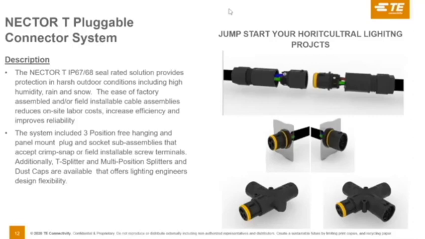And using these type of products, as I mentioned before, it can be manufactured in a controlled environment inside of a factory, or it can be made out there on site. In either case, these type of interconnects reduce the on-site labor costs associated with interconnect solutions. They also increase the efficiencies, and more importantly, they improve the reliability of these type of interconnects.